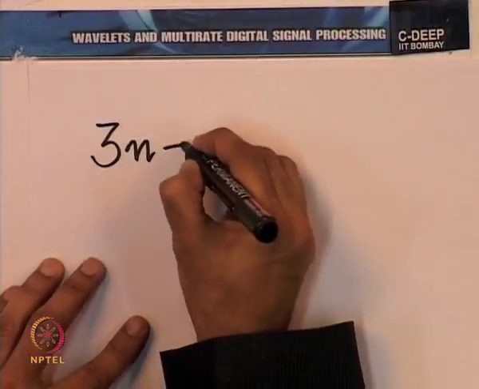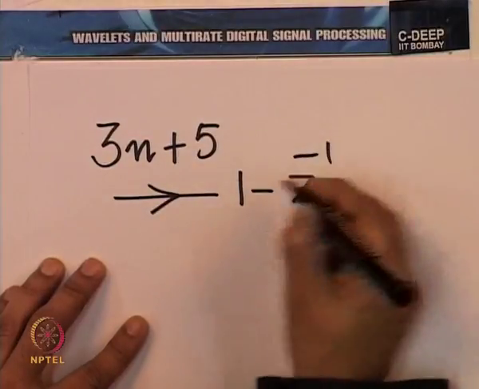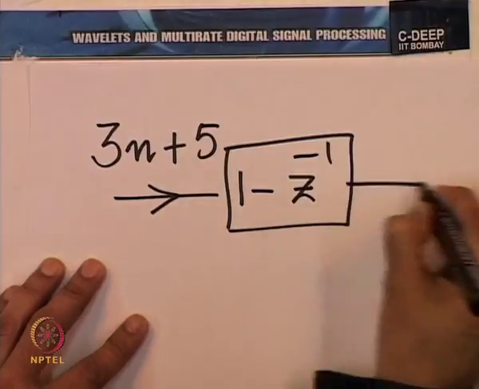In fact, let me illustrate this by taking a sequence which is polynomial of degree 1, and let us subject it to the action of this filter. So, let us take a concrete example. Let us take 3 times n plus 5 and let us subject it to the action of 1 minus z inverse to fix our ideas.